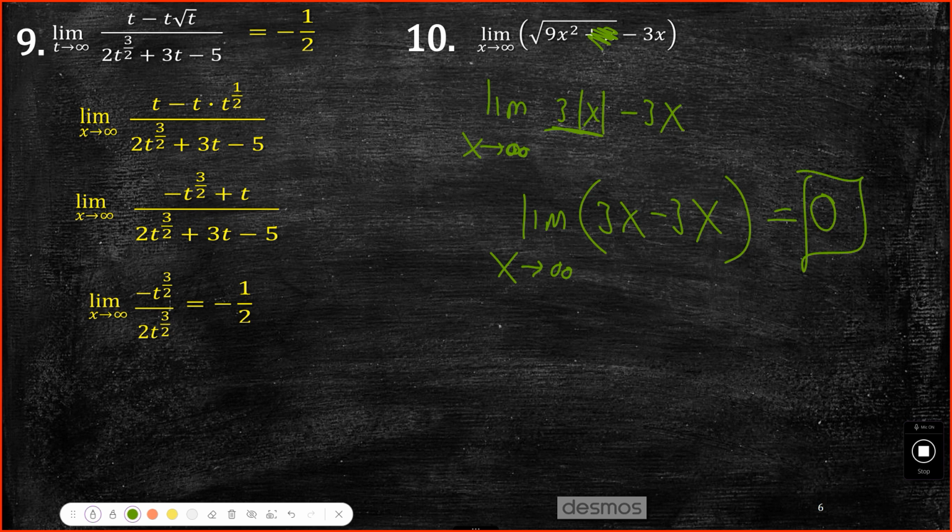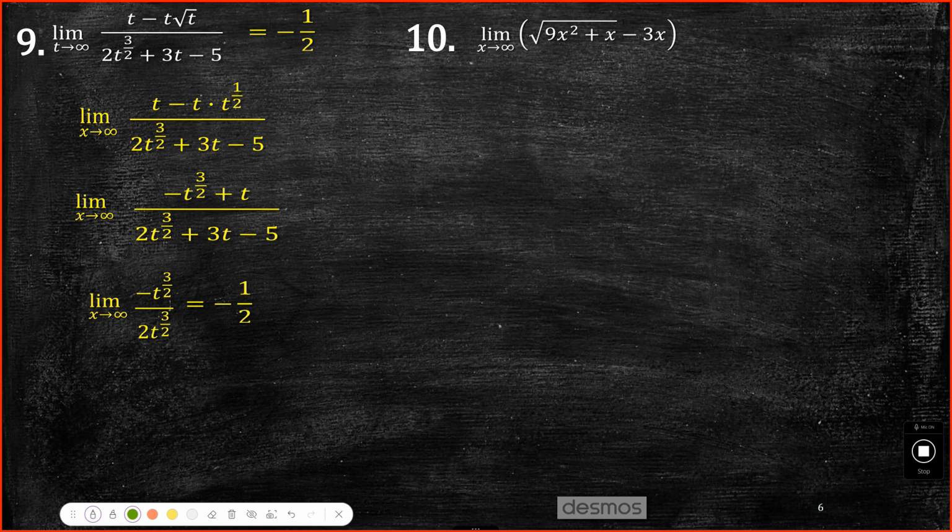So what is the correct answer to this? And what procedure should you use when it comes to a square root of a quadratic minus some linear function? You need to multiply by the conjugate.